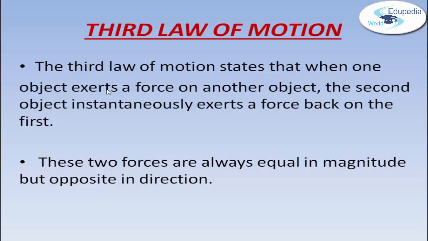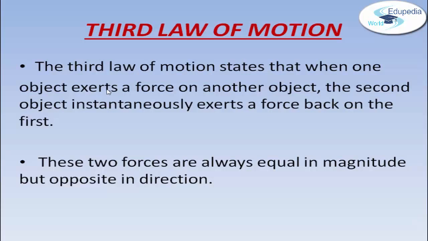That is, let's say if I punch a wall, my hand is going to be hurt because the more force I am applying onto the wall, the similar force is applied back onto my hand. So if I punch a wall with a lesser force, I'm not going to get hurt. But if I apply a very large force onto the wall, then my hand is going to be hurt.